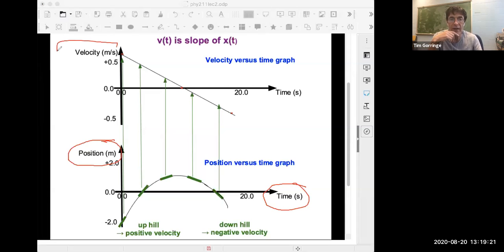Upstairs here, this is velocity versus time. I've shown these two graphs together, one on top of the other, because velocity versus time is actually related to position versus time. Velocity versus time is the slope of the position versus time graph.